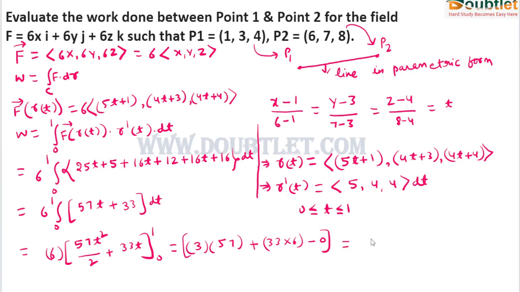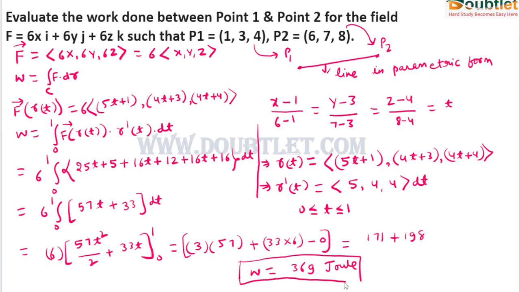Now we have to solve this. 3 times 57 is 171 plus 198, and by adding this up, the work done will be 369 joule. I am taking joule as the unit, but if the unit is something else, we can change it to MKS or any other format as desired. So this is the answer.